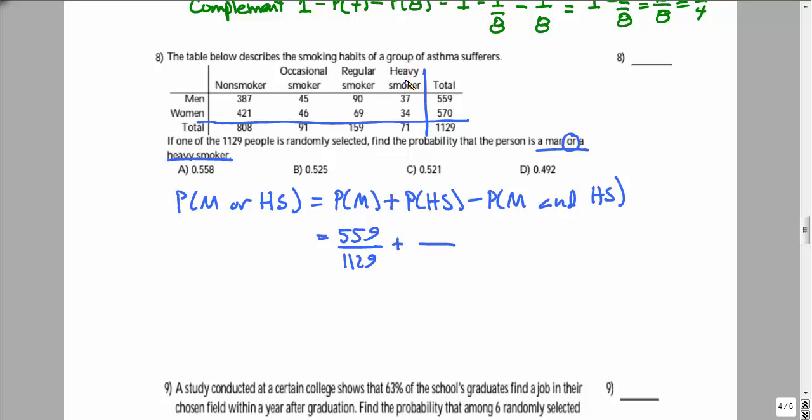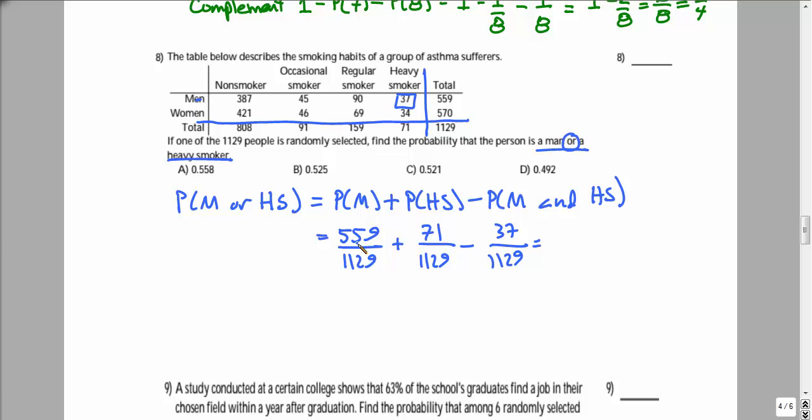Probability of a heavy smoker would be the total of this column, which is 71 out of 1129. And then we have to subtract the fact that we counted this 37 with the men and with the heavy smokers, so I have to subtract that out. Now that turns out to be the intersection, the and of men and heavy smokers. So this is that intersection that I end up subtracting out.